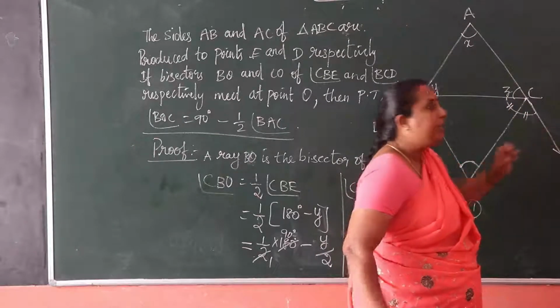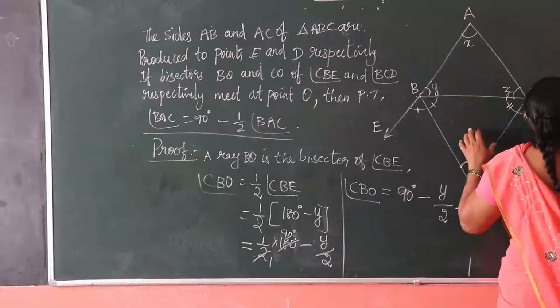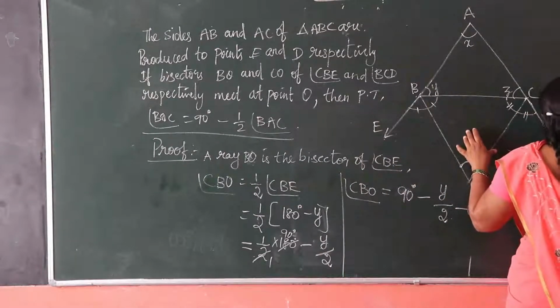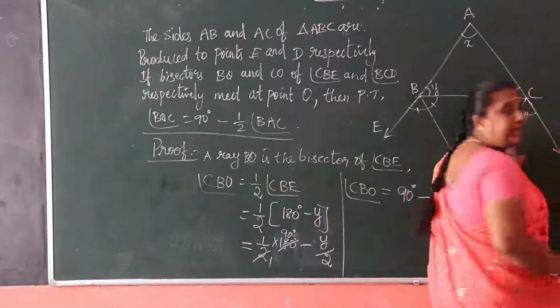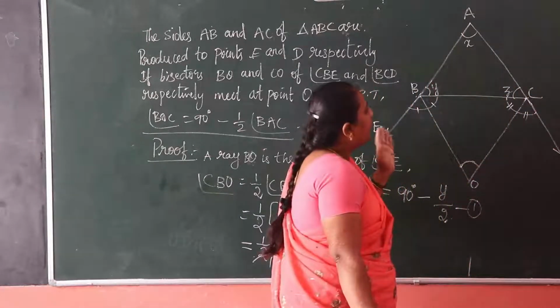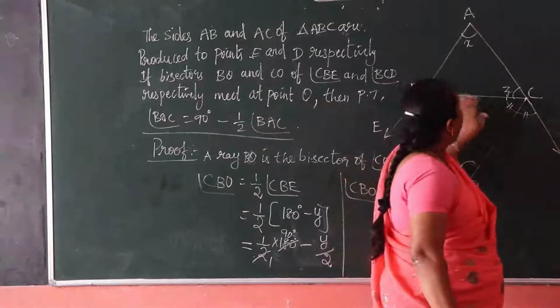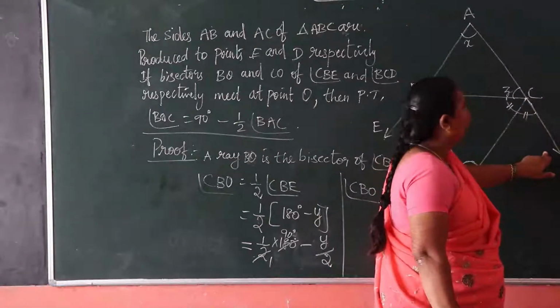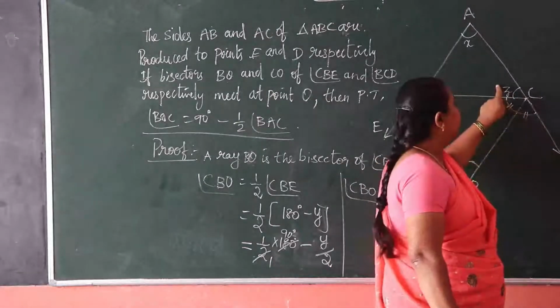Angle BCD equals 180 degrees minus Z. Why?